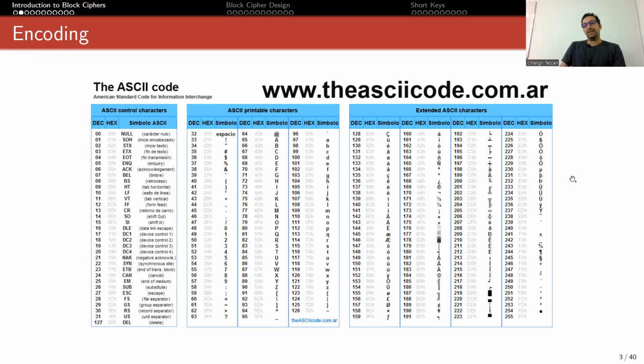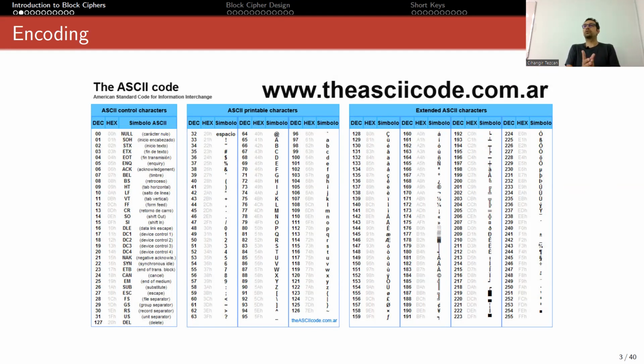Since we are representing data as bits, gathering bits together allows you to represent more characters, right? Because with a single bit, you can represent 0 or 1, so you can only represent 2 characters. Like you can say A is 0 and B is 1, and that's it. But your alphabet has more letters, so you have to use more bits.